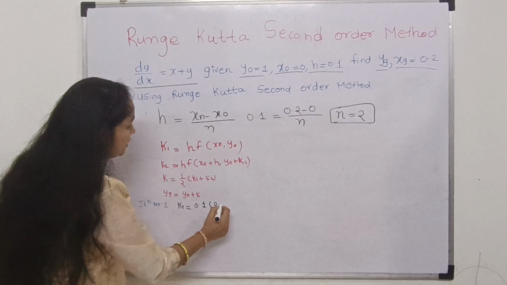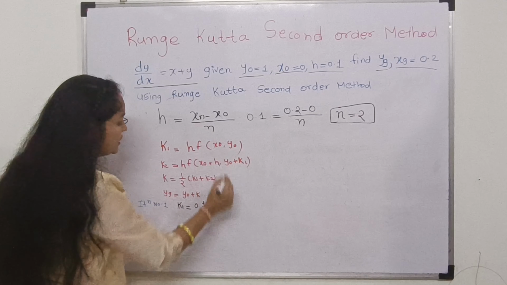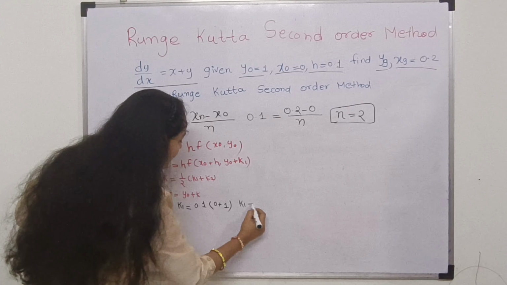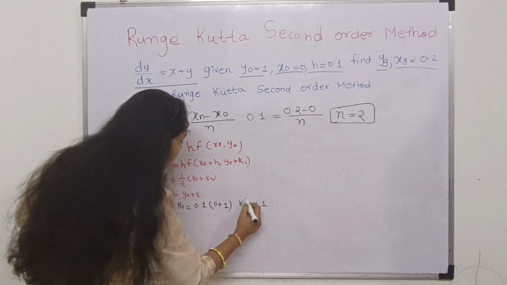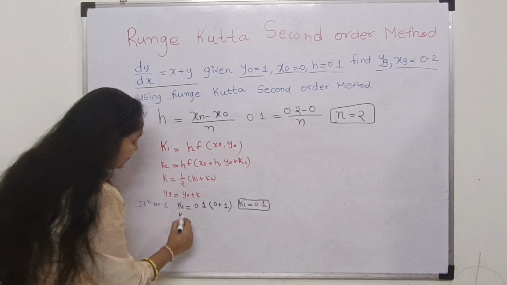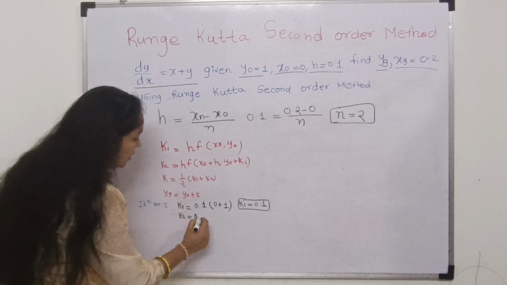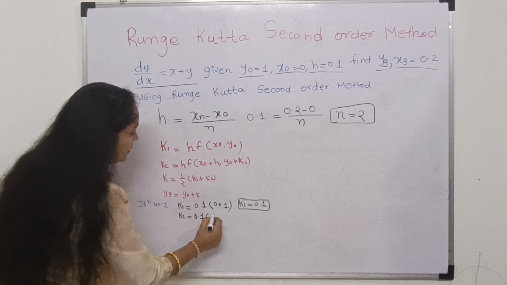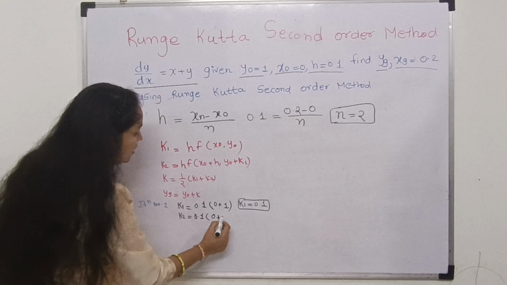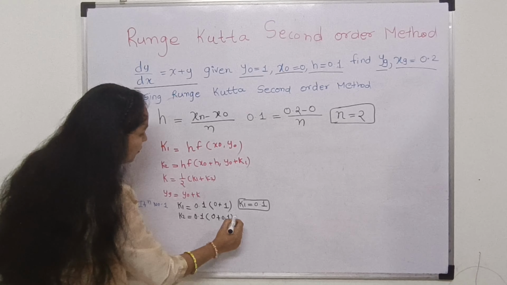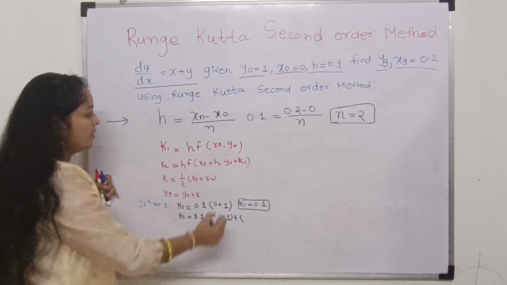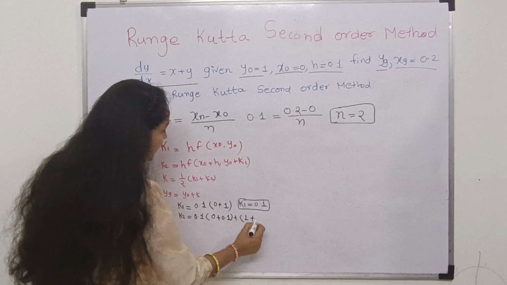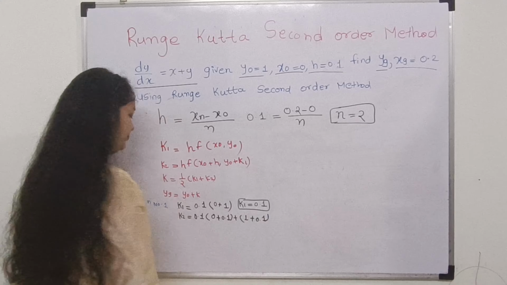So it is given, that is 0 plus y0, which is 1. By simple calculation you are getting the value 0.1. The second value, K2, is equal to 0.1 into bracket, the function of x0 plus 0.1, that is the h value, into bracket y0, which is 1, plus K1, which is 0.1, right?